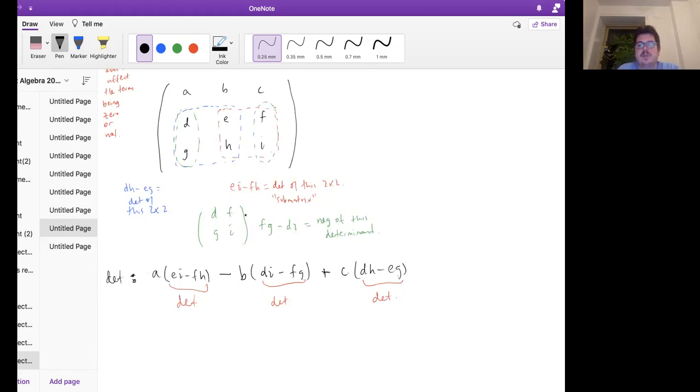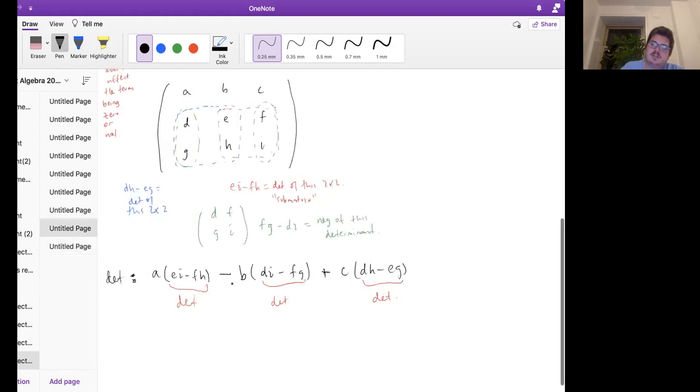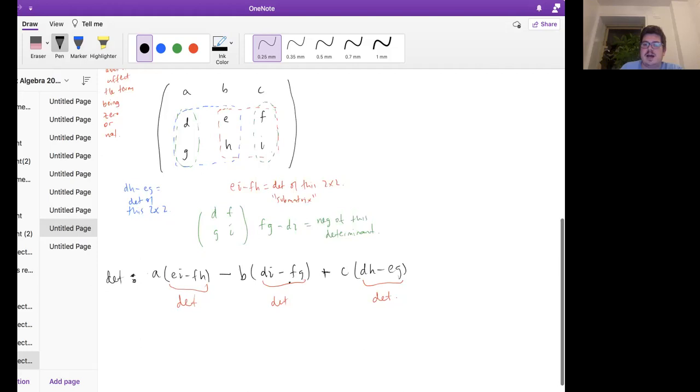Or sorry, the matrix EFHI is the minor 1,1. So we have A11 times the determinant of M11. Similarly, but now we have a minus because that's what we found out in our construction, A12, and then what is DIFH?